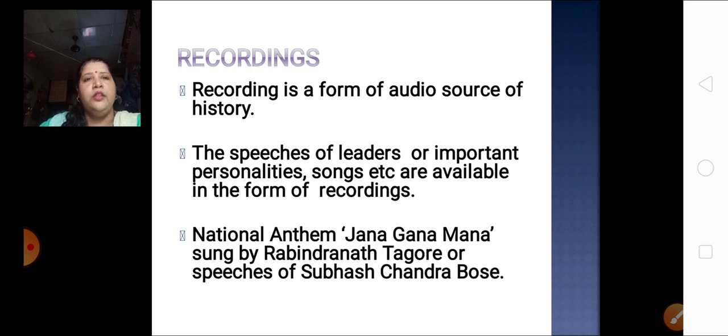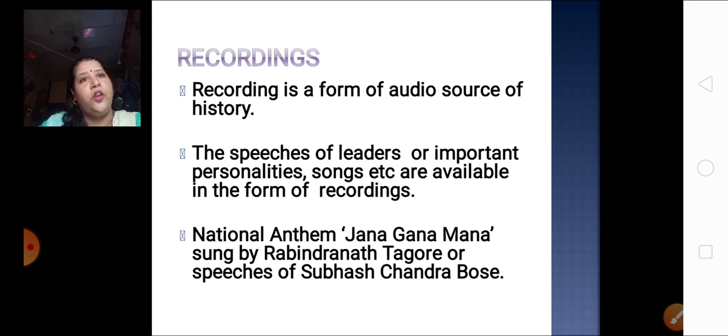Recordings. What are recordings? Recording is a form of audio source of history. You all must know, during the freedom struggle, many freedom fighters like Subhash Chandra Bose, Mahatma Gandhi, Pandit Jawaharlal Nehru gave speeches, and till today we are able to hear their speeches. How?